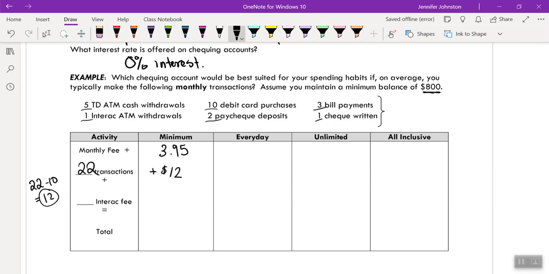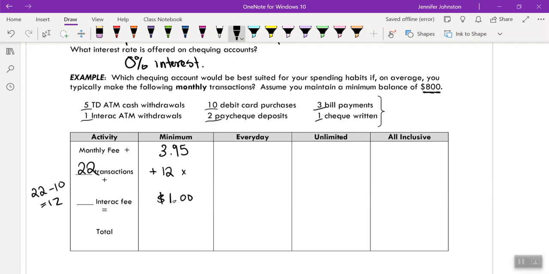So we're going to be paying for just 12 of those 22 transactions. The Interac fee is $1 here, so there are 12 additional transactions. Let's look at this. 22 minus 10 gives us 12, and the fee is $1.